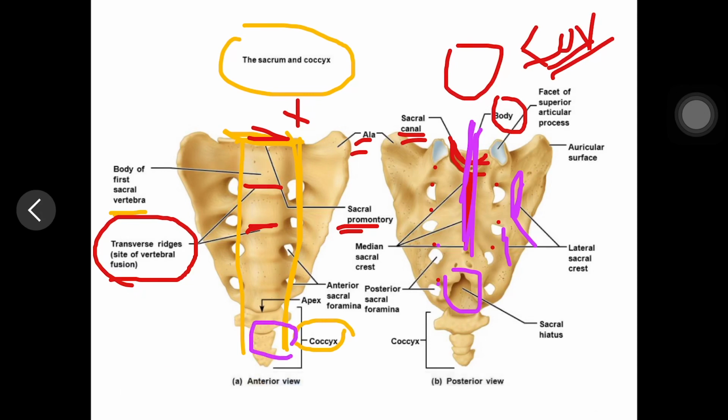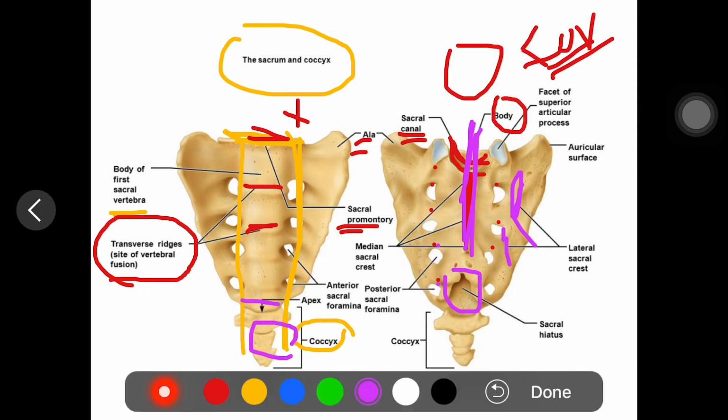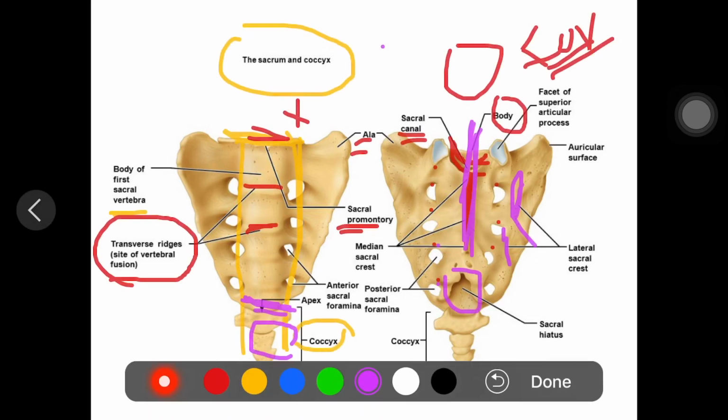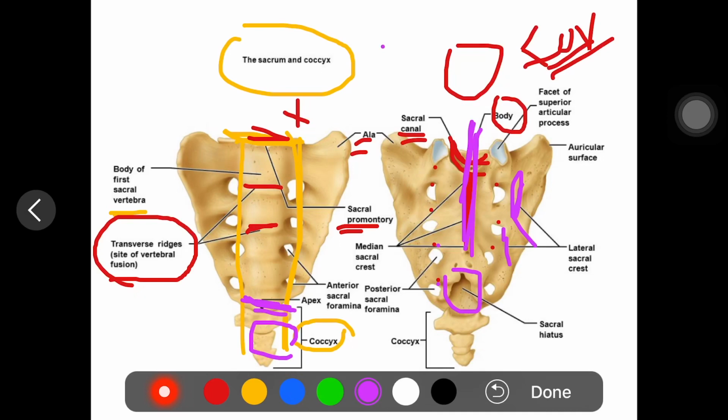The coccyx has many parts. All you have to know is the apex of the coccyx, which is not that important to us. So the sacrum, as I mentioned, has this anterior side where you see the body, vertebral edge, and promontory.